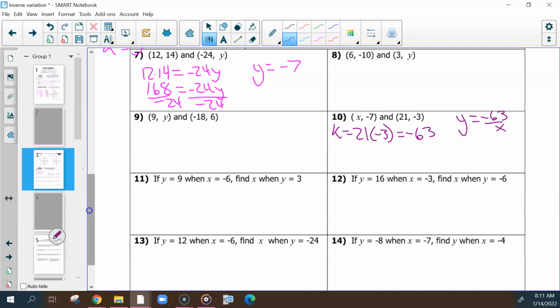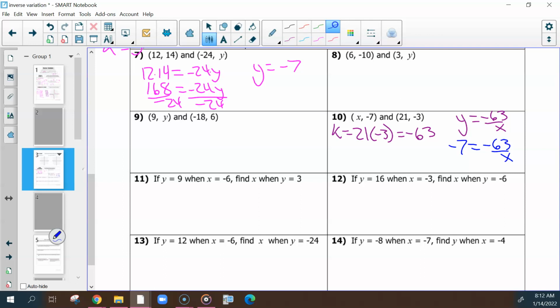And then input our missing values. So negative 7 is y, and we're looking for x. How would we solve this? Say that one more time.